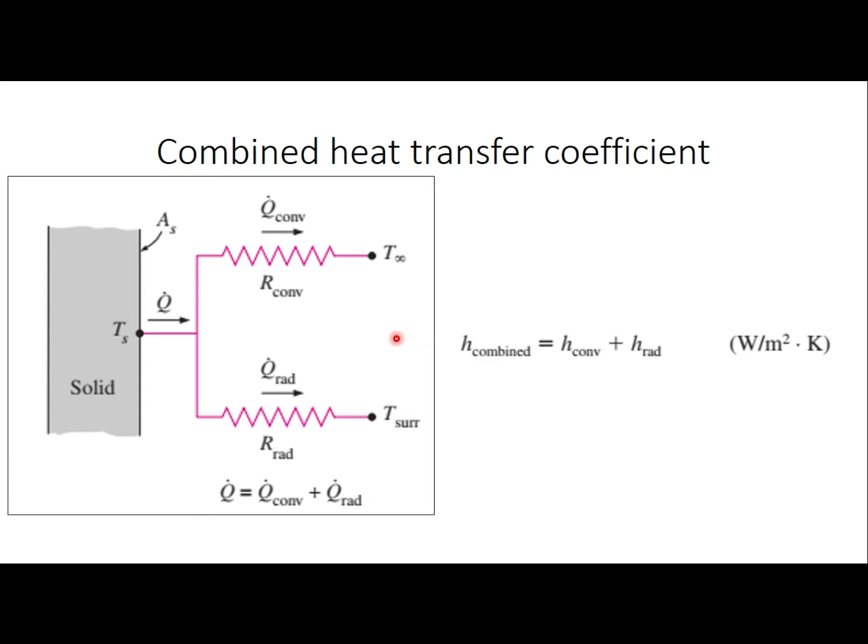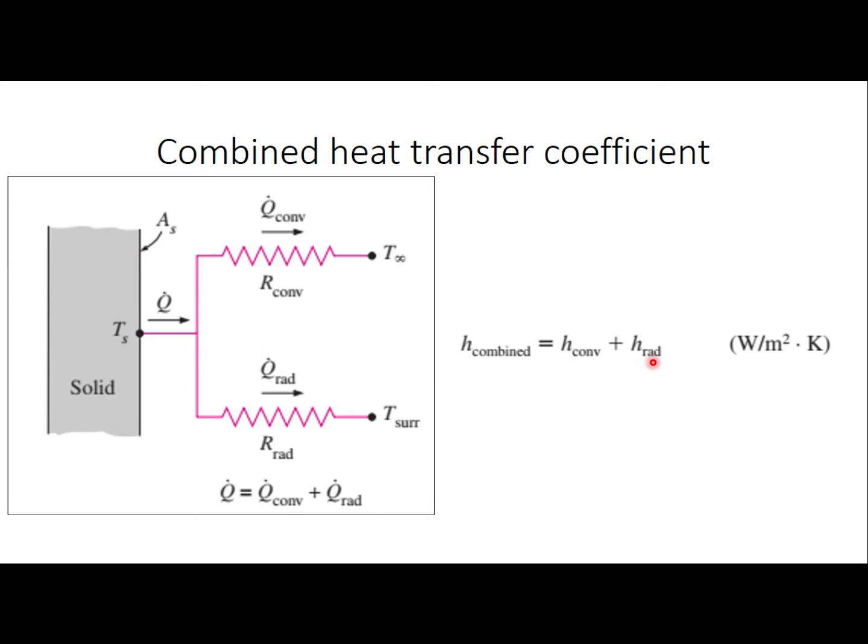This could be possible by convective heat transfer and by radiation heat transfer. The coefficient used in convective heat transfer is known as the convective heat transfer coefficient h, and the coefficient used in radiation heat transfer is known as the radiation heat transfer coefficient.